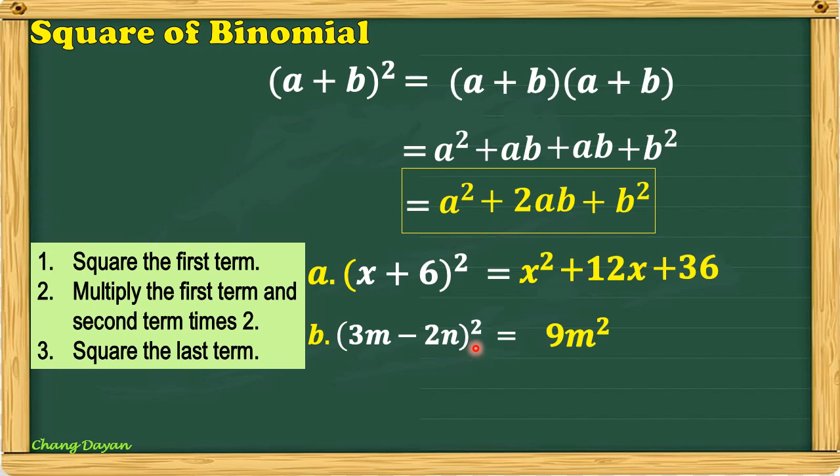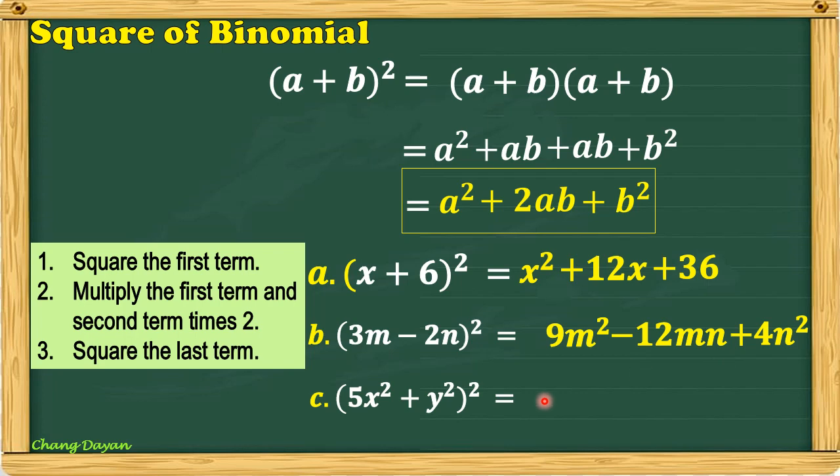So 3 times 2 times 2 is negative 12mn. The last one is square negative 2n. Negative 2n times negative 2n is positive 4n squared. So our answer here is 9m squared minus 12mn plus 4n squared.